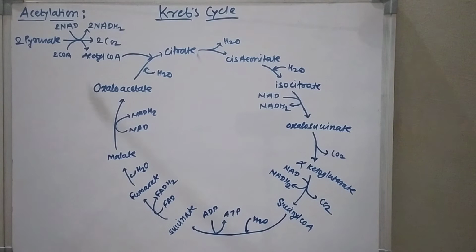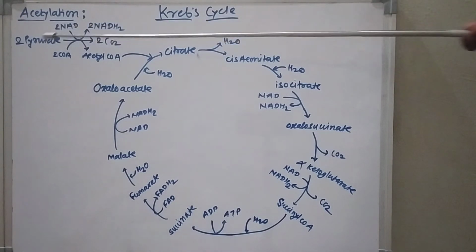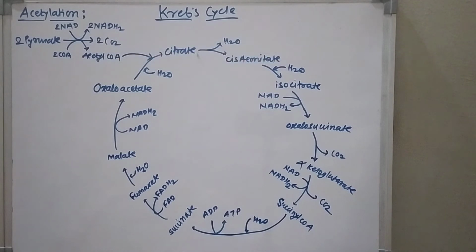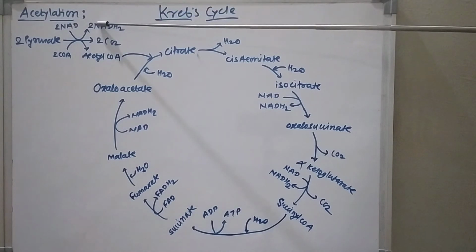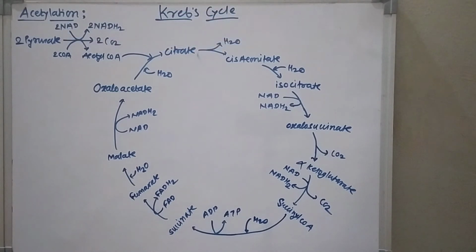Acetylation means simply the conversion of two molecules of pyruvate into acetyl coenzyme A. Here, the pyruvate undergoes simultaneous dehydrogenation and decarboxylation due to loss of CO2 and H2.